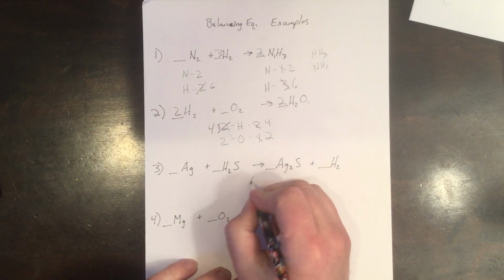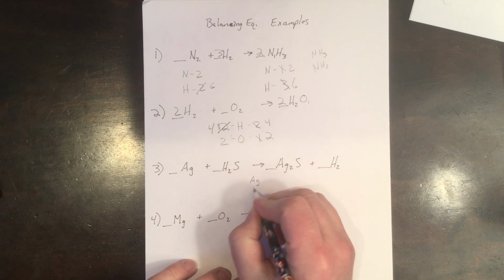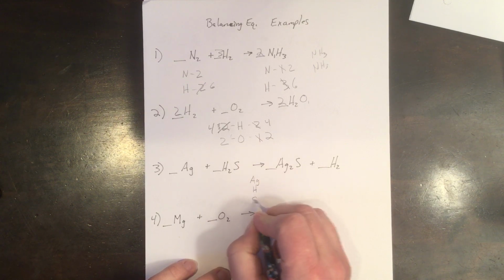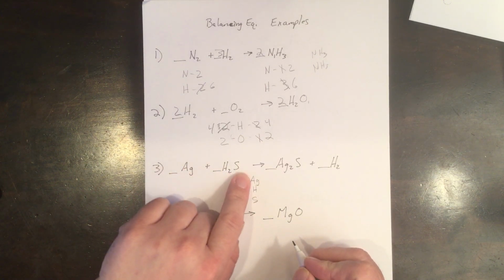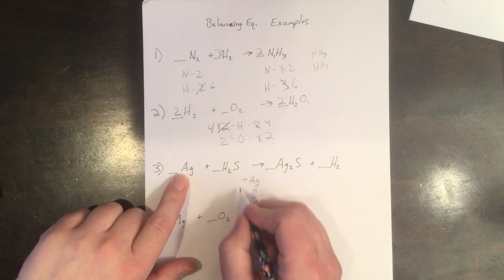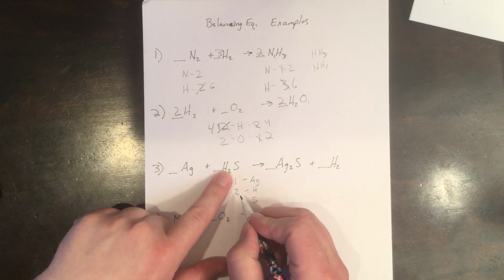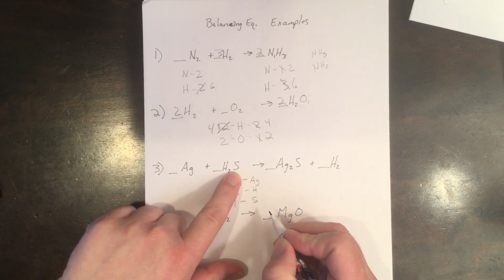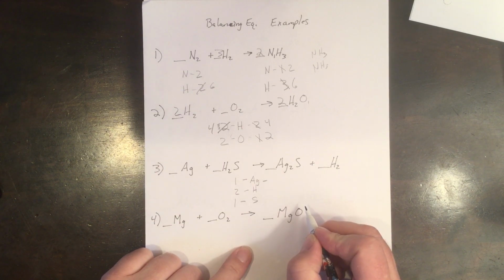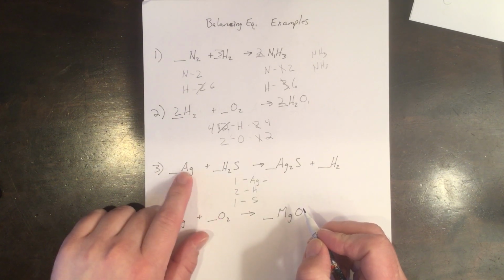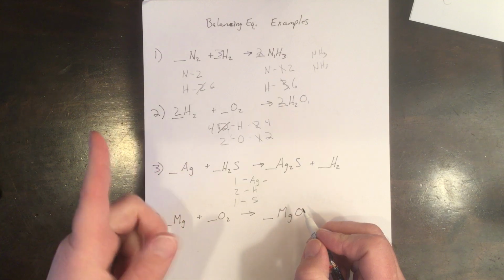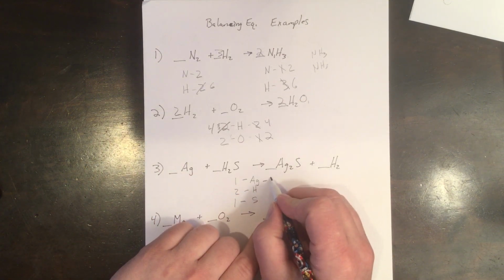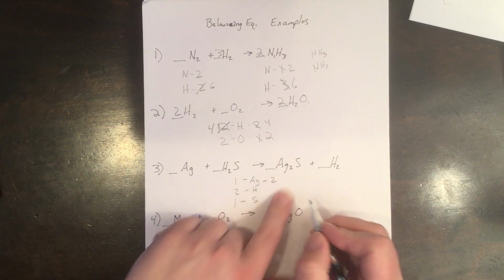Okay? So in this case we have silver, hydrogen, sulfur. Silver, hydrogen, sulfur. On the right hand side we have 1, we have 2, and we have 1. On the right hand side we have 2.